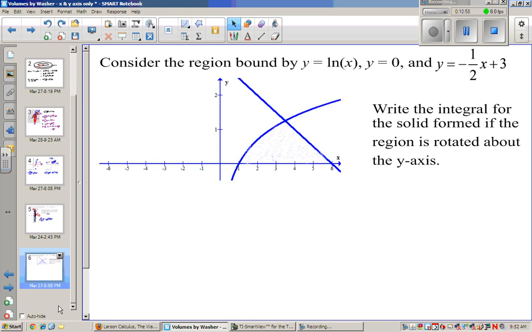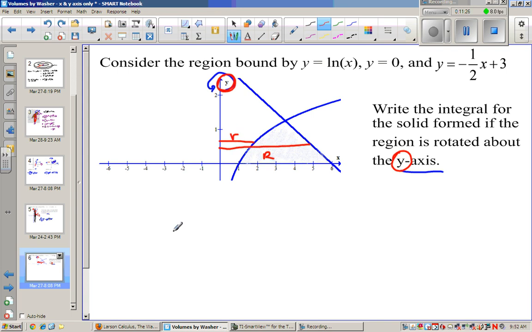All right, so we've got one more here, and this time we are revolving around the y-axis. If I'm going around the y-axis and I start drawing my radius at the y-axis, I draw it all the way to this far function, that's big R. And here I draw this one all the way to this one, that's little r.